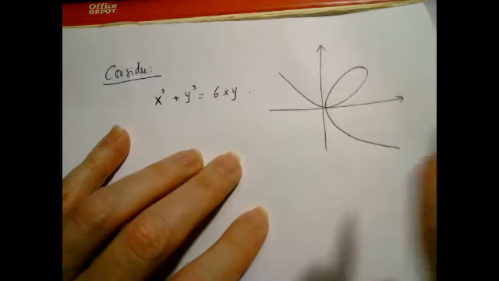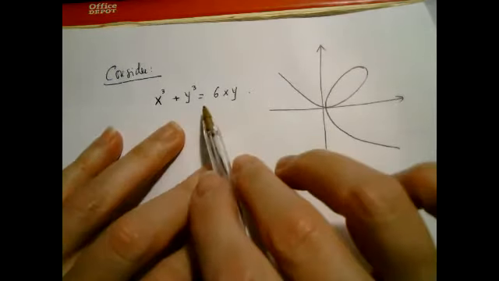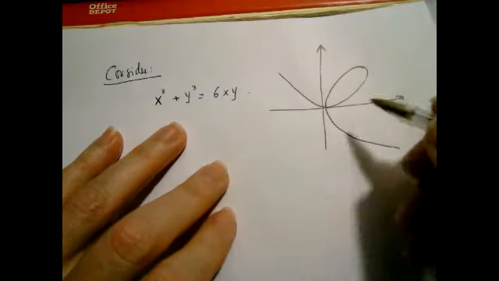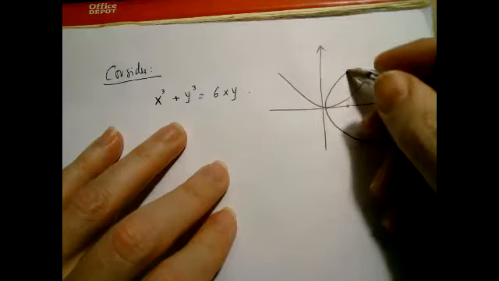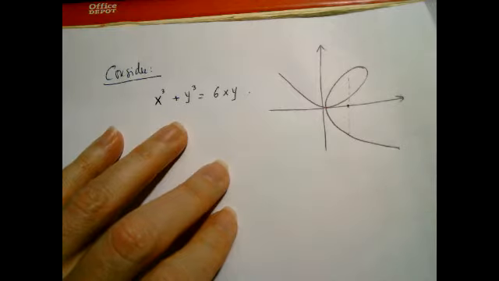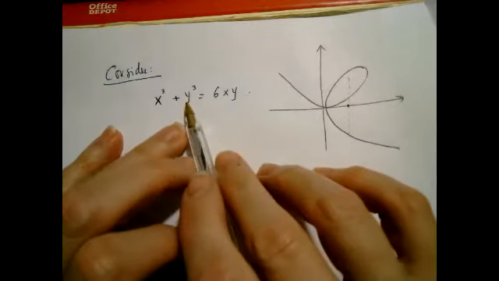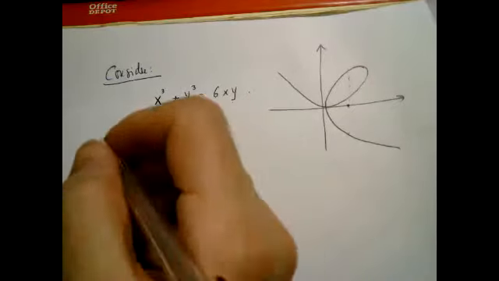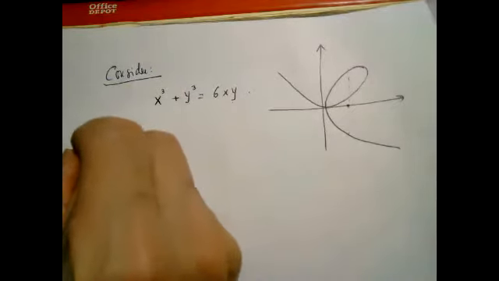It means if I sketch all the points that satisfy this equation, I'm going to get this kind of a picture. And as you realize, for 1 x, there are 3 different values of y at some point. So x is definitely not a function of y, and solving for y as a function of x is very hard. But before we do that, let me ask you a simple question.